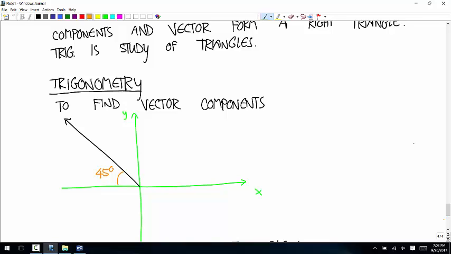So if we start here, that's 0 degrees. Now we go positive 90 to get there, because it's counterclockwise. Another positive 90 to get there, but now we overshot it. So now we have to go negative 45. So we have 180 minus 45, and so the angle from here to there has to be 135.